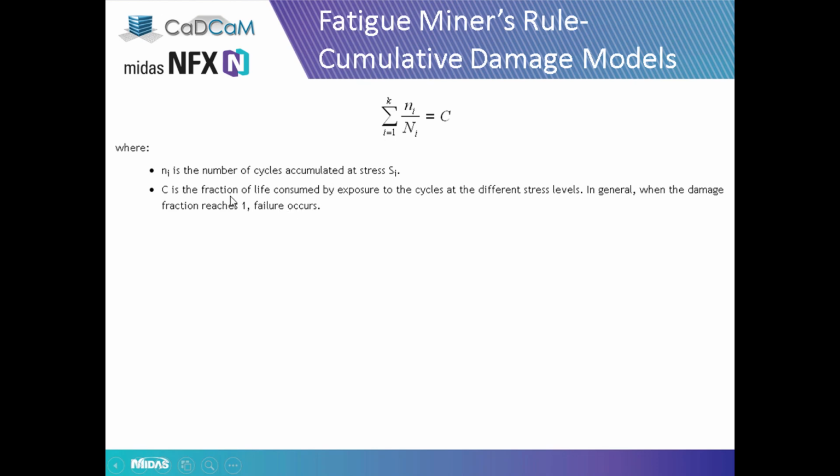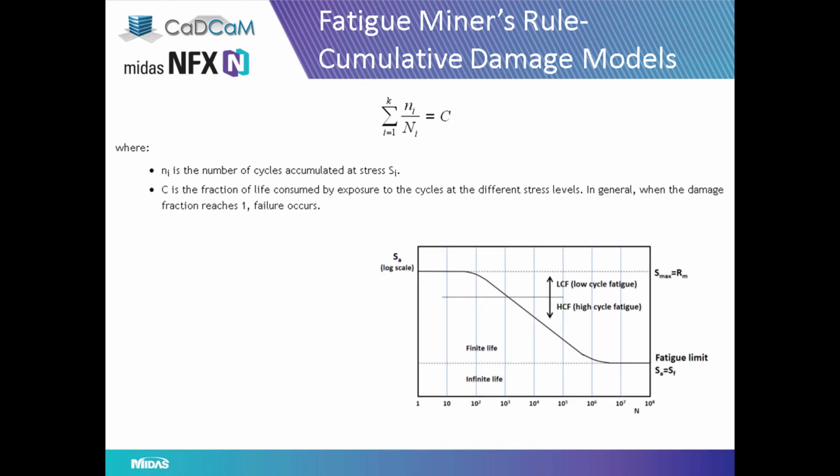This constant is the fraction of life consumed by exposure to a cycle at different stress levels. In general, when the damage function reaches 1, the system is in a failure mode.